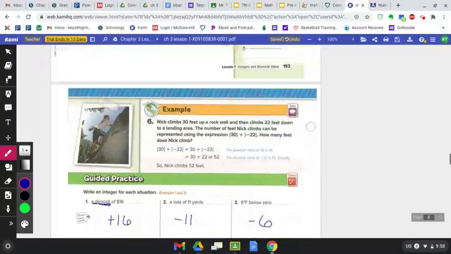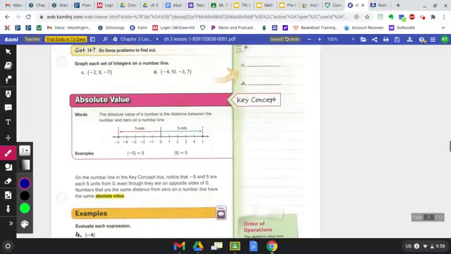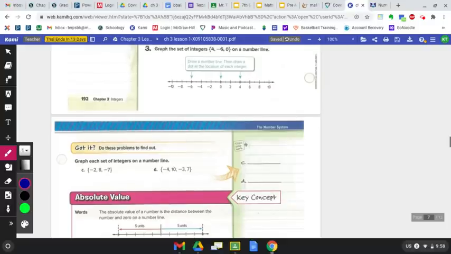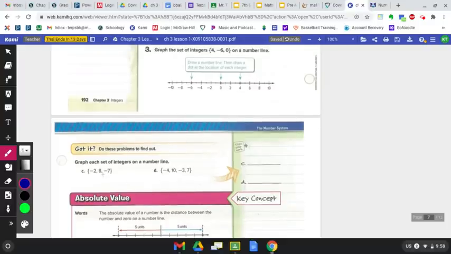All right, getting into graphing each set on a number line. So we look here, we're going to do -2, 8, and -7. So -2, 8, and -7. We're going to graph those on a number line.